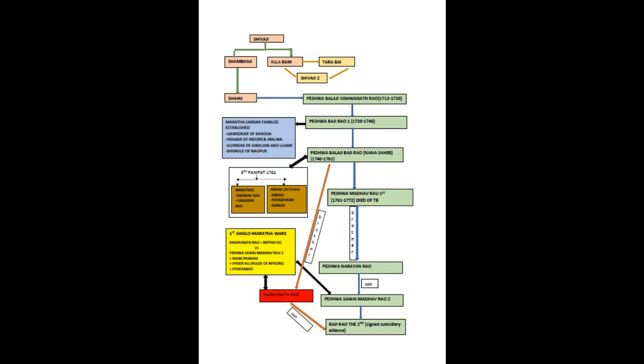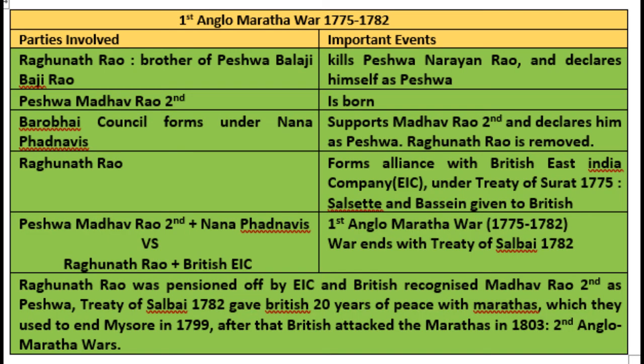Now there was a state of confusion and a struggle for power began between Raghunath Rao, who was the brother of the 3rd Peshwa Balaji Bajirao, and Narayan Rao, the brother of the 4th Peshwa Madhavrao I. Please look at the screen to understand this in detail.